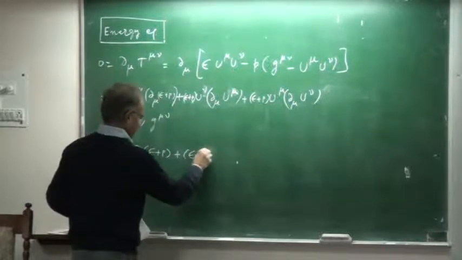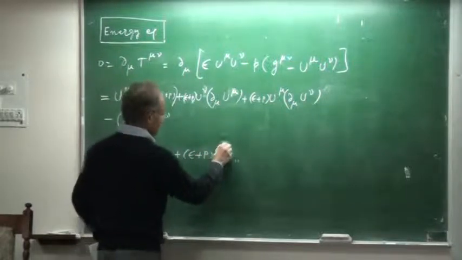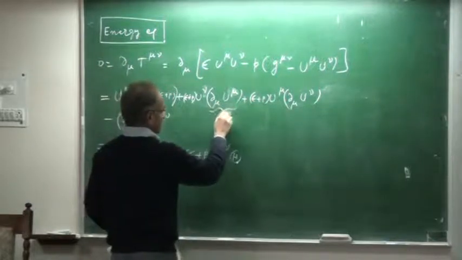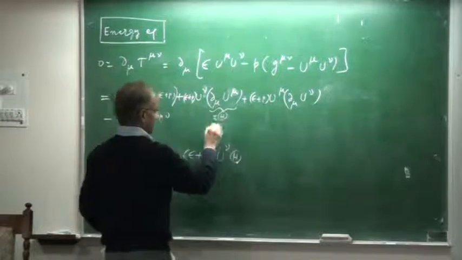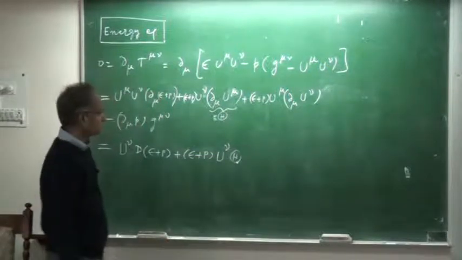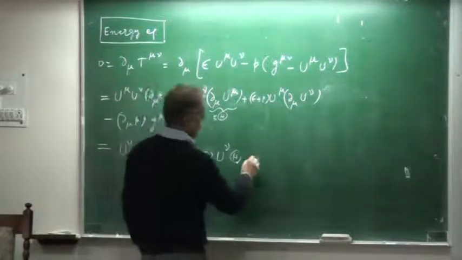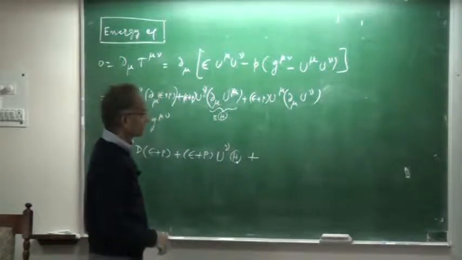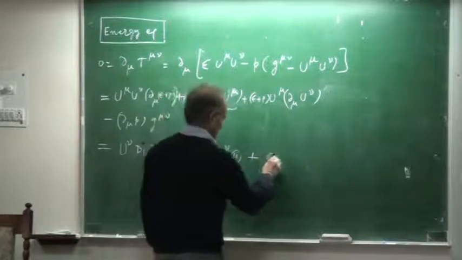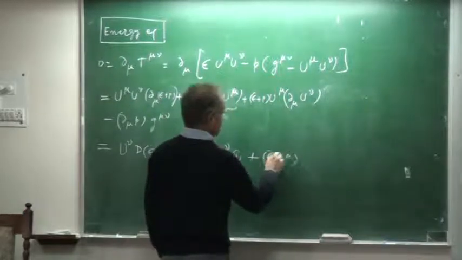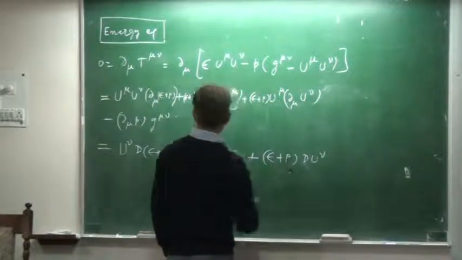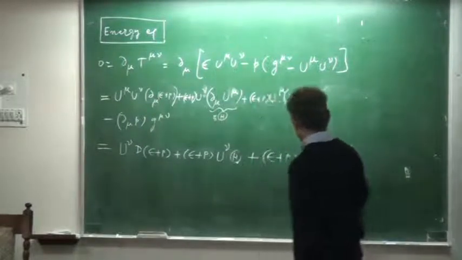Epsilon plus p, and this is the expansion rate, theta. This term is epsilon plus p times theta. And the last term.